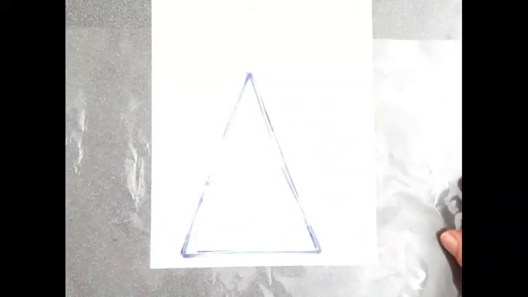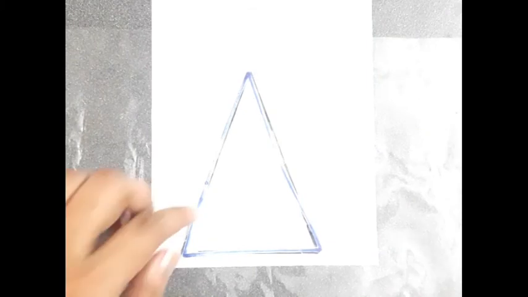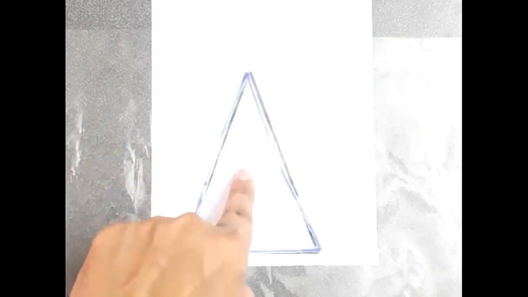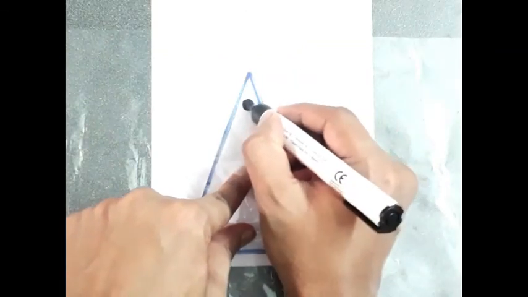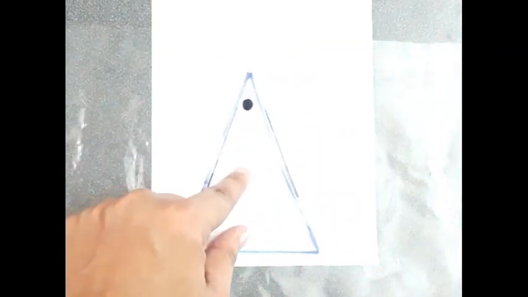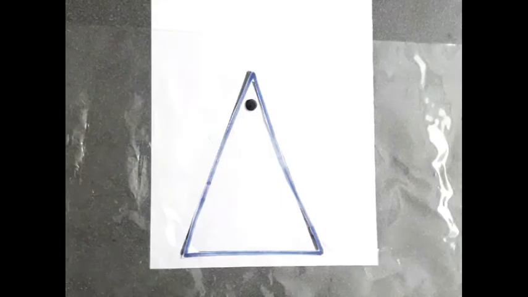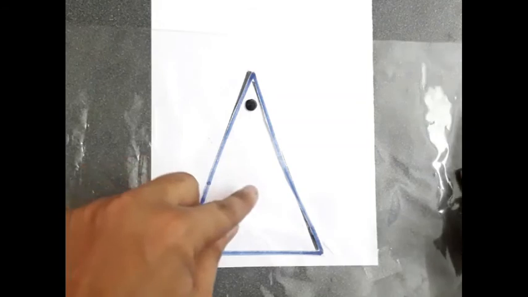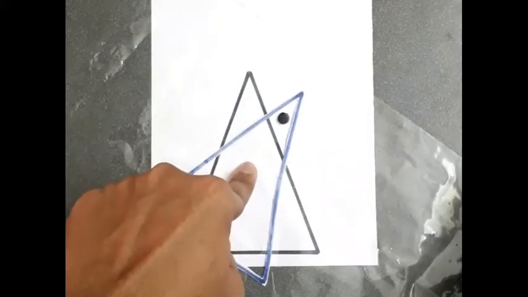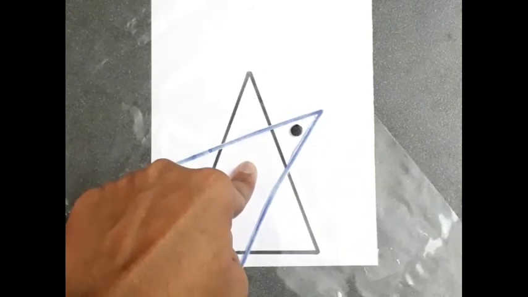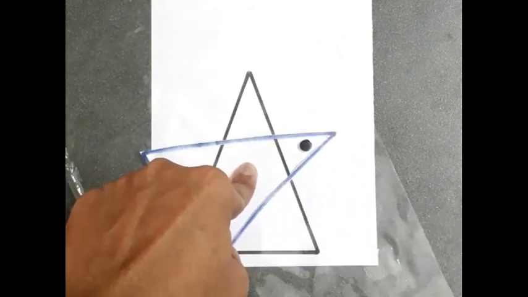So I am taking the outline on a transparent paper like this. Look. I am taking the point over here. Look, I am starting my rotation. So we have to check how many times the figure is going to match with itself.